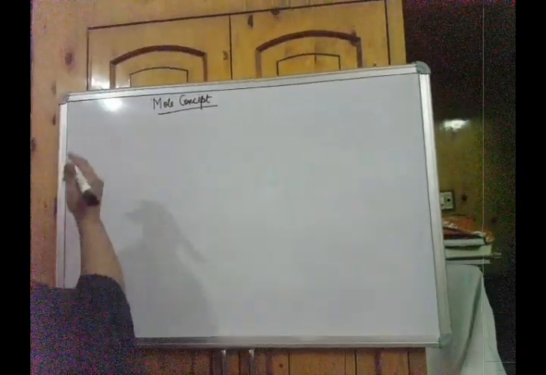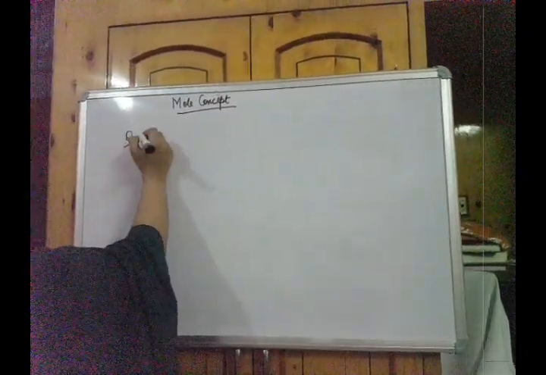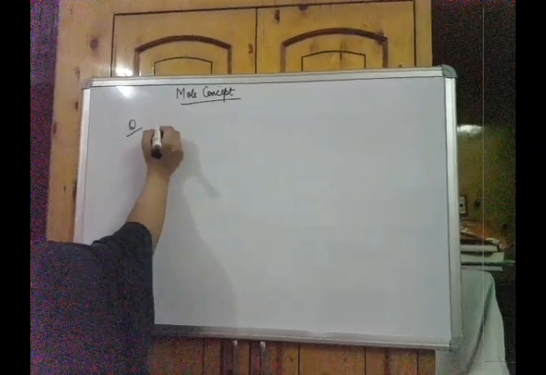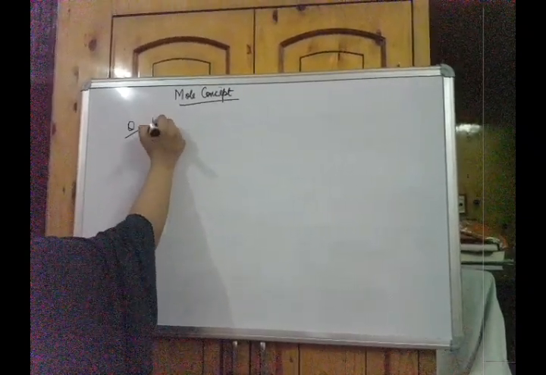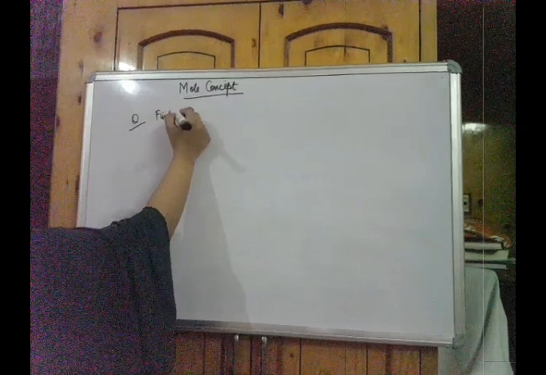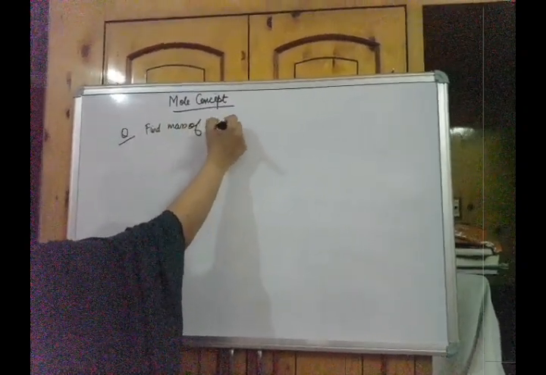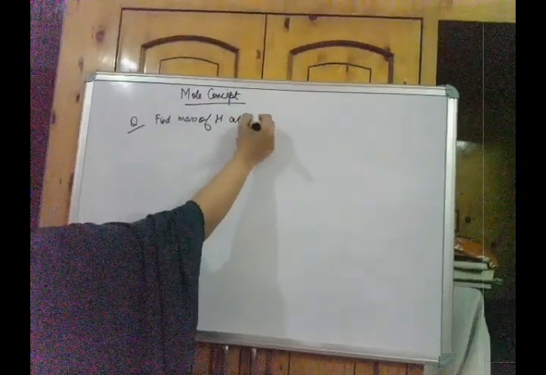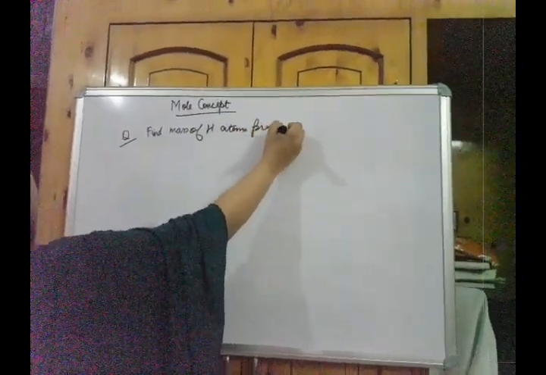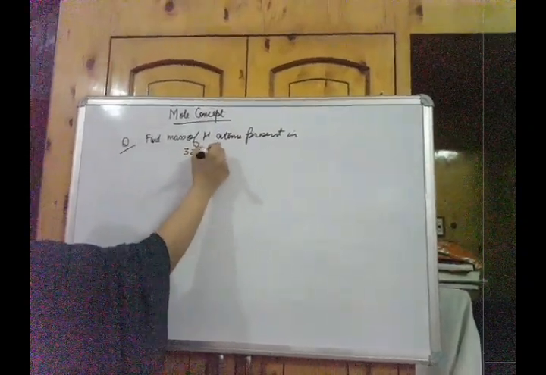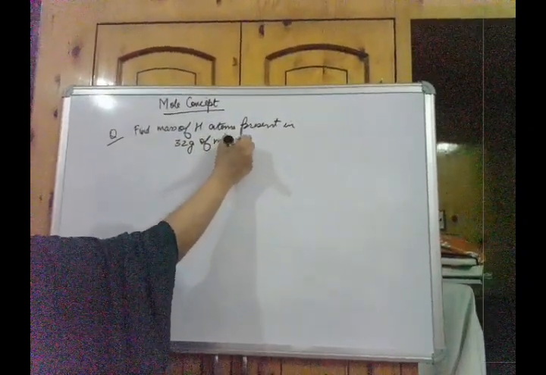For example, just one numerical we did in our last class, to understand this concept more. The question: find the mass of hydrogen atoms present in 32 grams of methane.